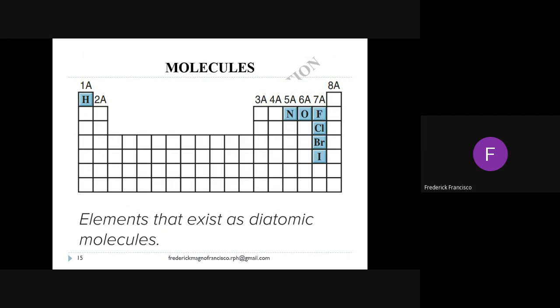Of course, a diatomic molecule can contain atoms of different elements. Examples are hydrogen chloride, HCl, and carbon monoxide, CO.